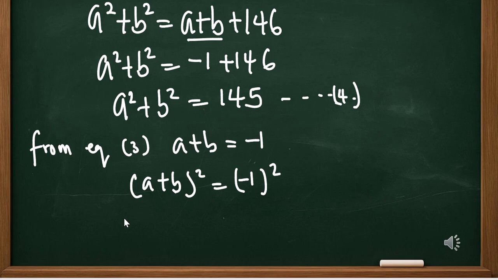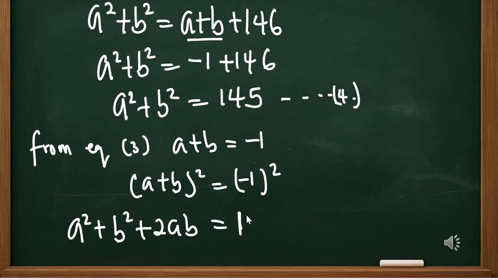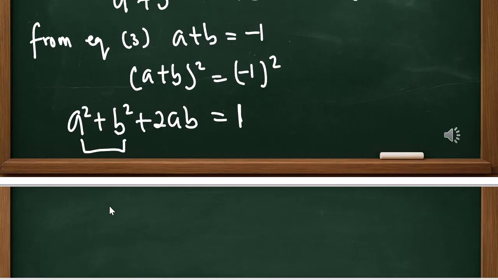If you expand this left-hand side, here I'm going to have a squared plus b squared plus 2ab, which is equal to 1, which makes a nice equation. Now, from equation 4, we have that a squared plus b squared is 145. That is, a squared plus b squared gives us 145, plus 2ab equals 1.